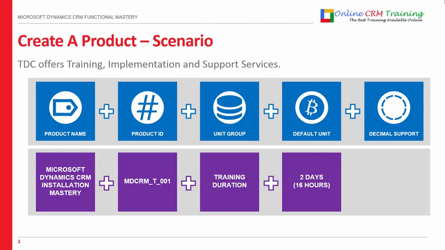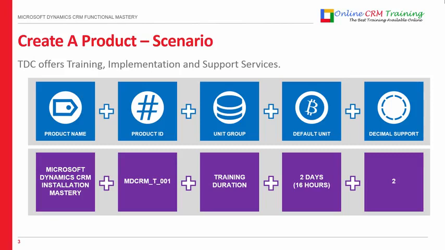In case I want to define it as days, then I'll choose the unit as days, and when I sell the course I'll just use 2 as days. For decimal support, I'm going to give 2, in case the training delivery expands, like if it takes 2.5 days or 16.5 hours. I should be able to capture those details. That's why I've kept decimal support as 2. So this is an example.